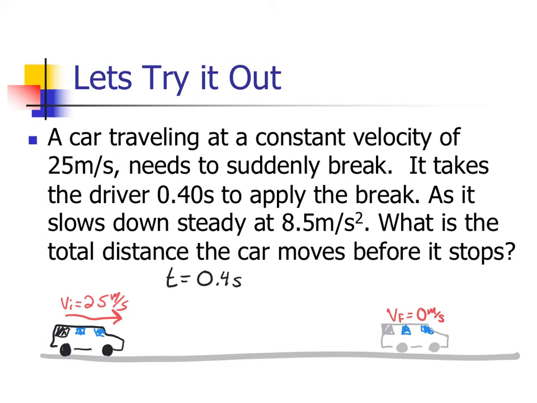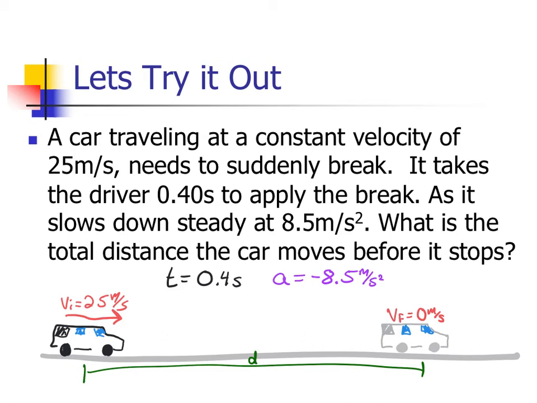No matter how good you are, there's a time delay. And so there is going to be that. And so we then also have a deceleration. In all reality, that slows down at a steady rate, because it's slowing down, should be at a negative 8.5 meters per second squared. We are asked to find that distance that it takes for it to stop.